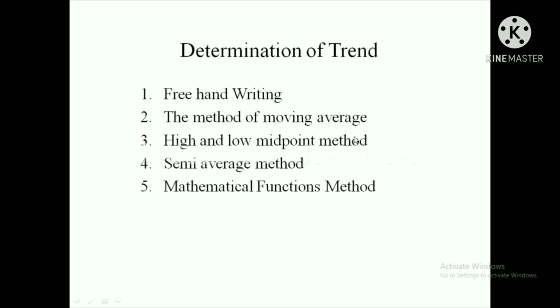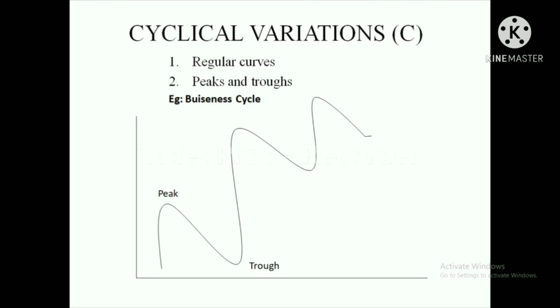We'll be using different types of moving average: 3-yearly moving average, or 4 months, or 3-year, 4-year, 5-year moving average, for example. And then high and low midpoint, we'll be choosing the highest value and the lowest value, and then club it together, and then find the midpoint divided by 2. Semi-average method, and then a mathematical method. So those are some of the ways in order to determine what kind of curve we have, for example.